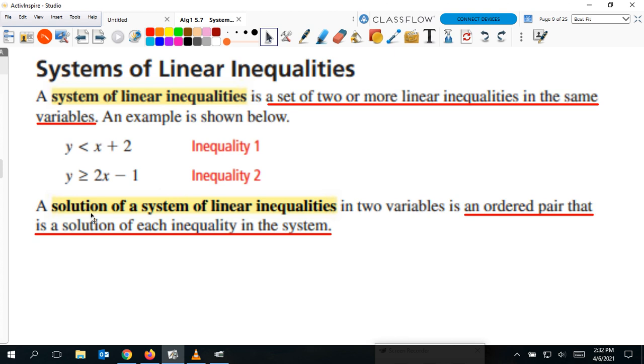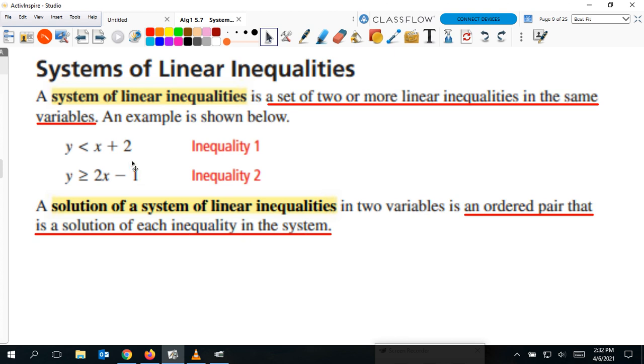The second one you can write down is a solution of a system of linear inequalities. What is a solution of that system? Much like the solution to just a linear inequality, the solution to the system of linear inequalities is an ordered pair that is a solution of each inequality in the system.